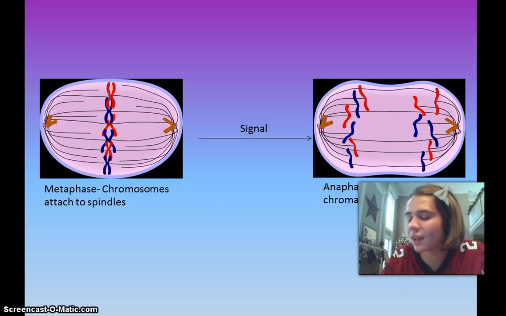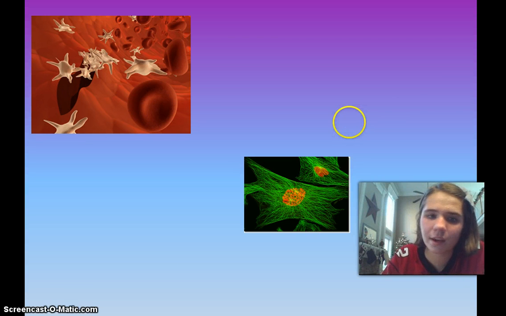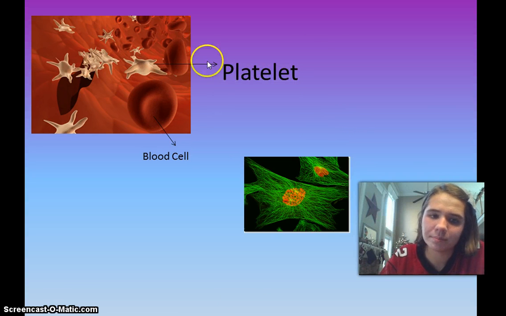And then external signals occur outside of the cell, basically what they sound like. And they're picked up by the proteins to send a signal to the cell to go ahead. An example of this is seen in blood platelets and fibroblasts. This here is a red blood cell. This is what's called a platelet, and a platelet is basically just a fragmented blood cell.